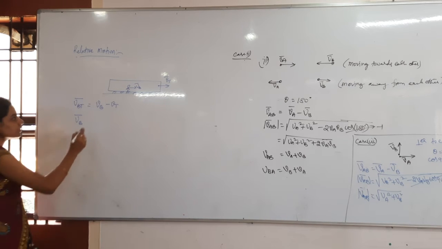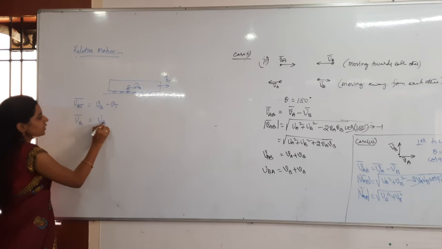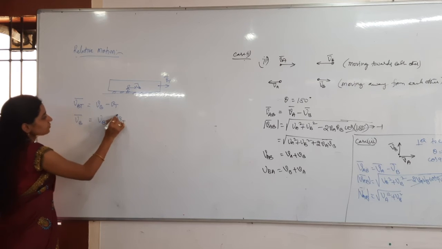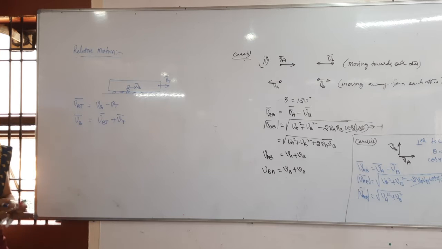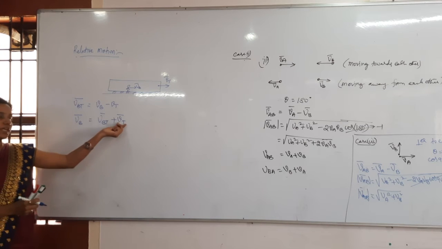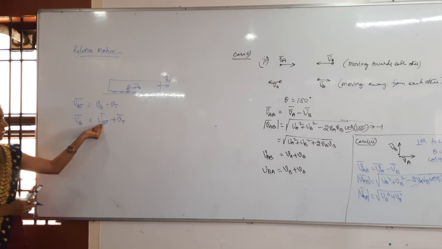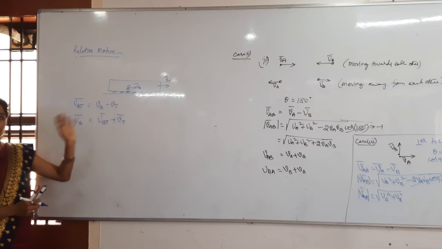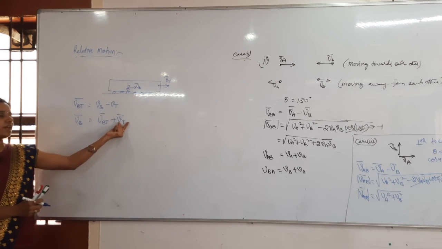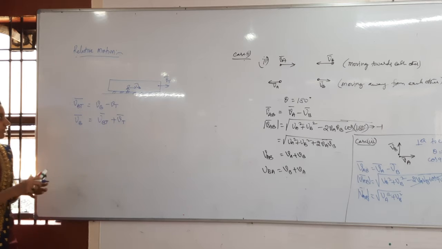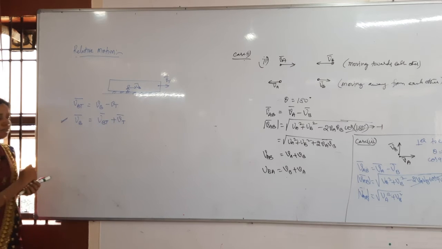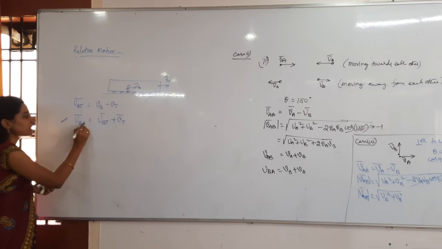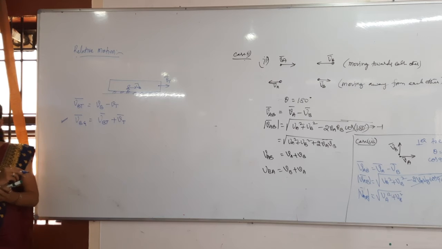So Vb is equal to what can I write clearly here? Vbt plus Vt. He is gaining the velocity of the train again. He has some velocity with respect to the train, that is Vbt. Again he is gaining the velocity of the train, that is Vt. So this is the velocity of the boy with respect to the observer who is standing on the ground.